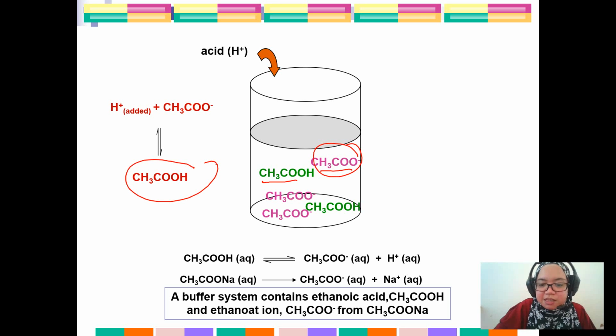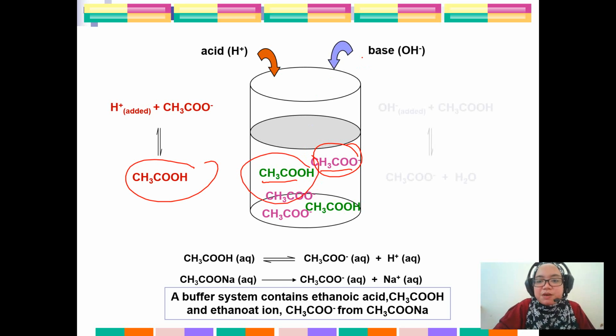Okay, sekarang bila kita letak base pula, this guy pula yang react untuk consume the added OH minus here untuk form balik ethanoate ion and water. So here we can say that that's why buffer solution can maintain its pH even though a small amount of strong acid and base is added into it. Okay, alright.